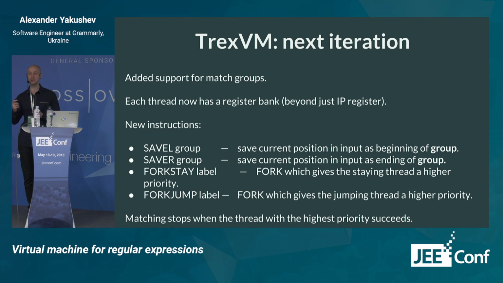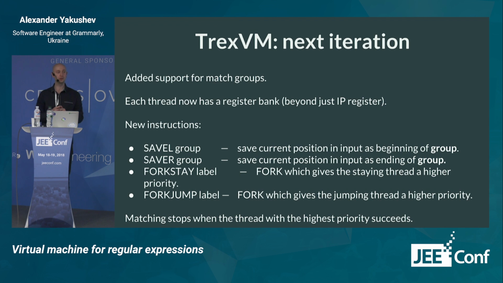And we have a few new instructions. 2 instructions, save left and save right, are very simple. Whenever the thread reaches the save left instruction, it saves the current input pointer to its register bank, to remember that this is the beginning of some group. And save right is the opposite, to save the end of a matching group. Then 2 new instructions: we had to replace the fork instruction with 2 forks, fork jump and fork stay.